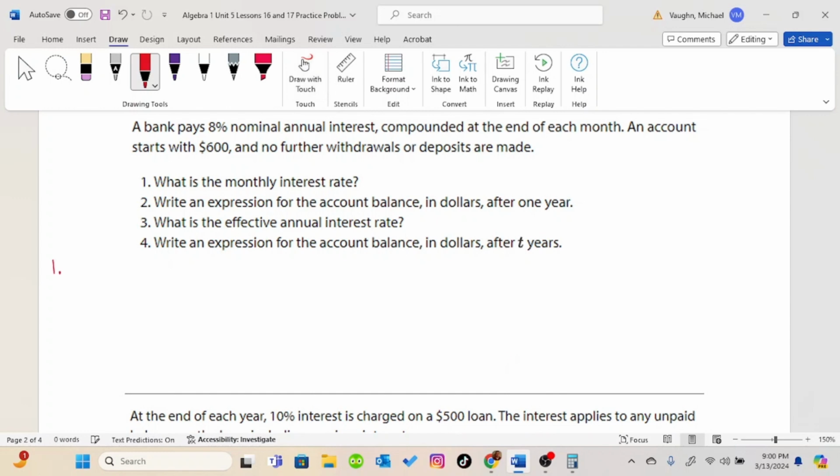So for number 1, if I want the monthly interest rate, I take the 8% and I divide it by 12.